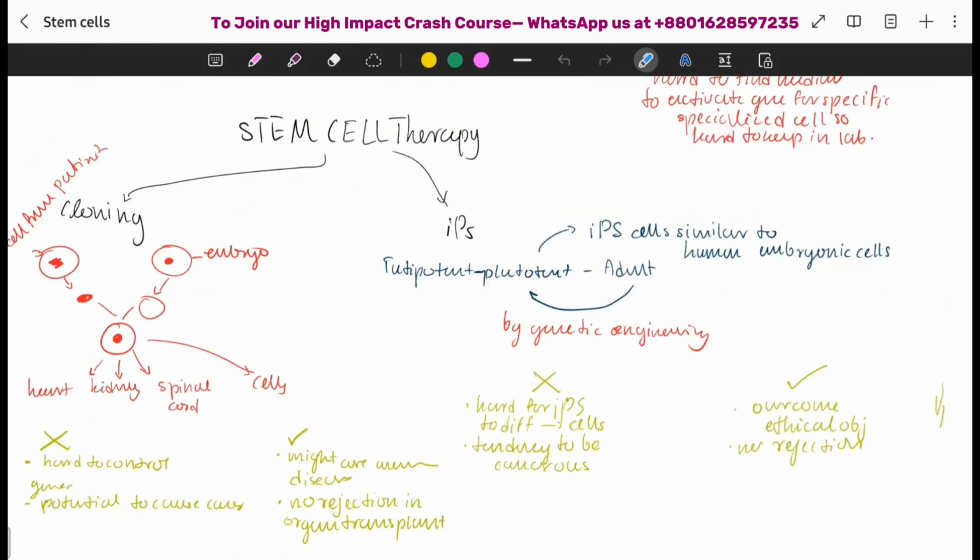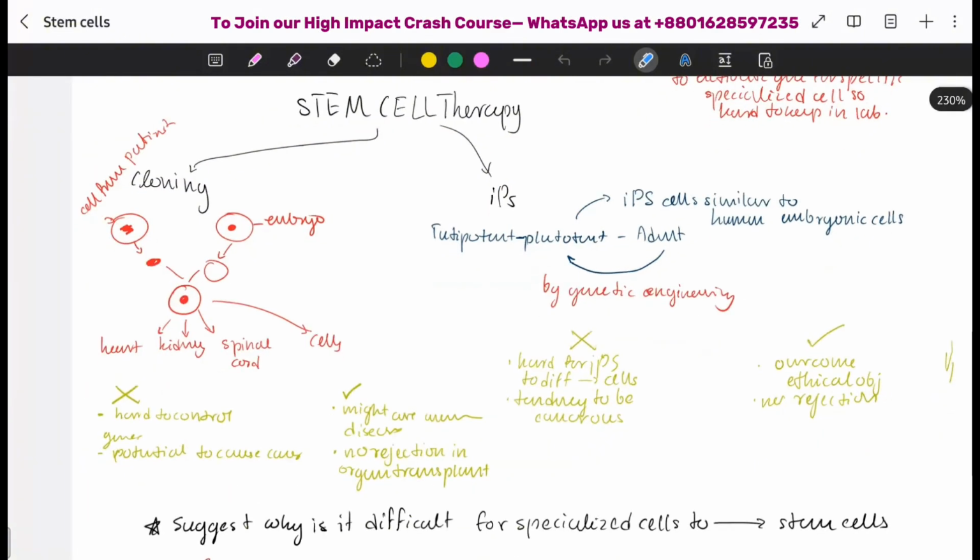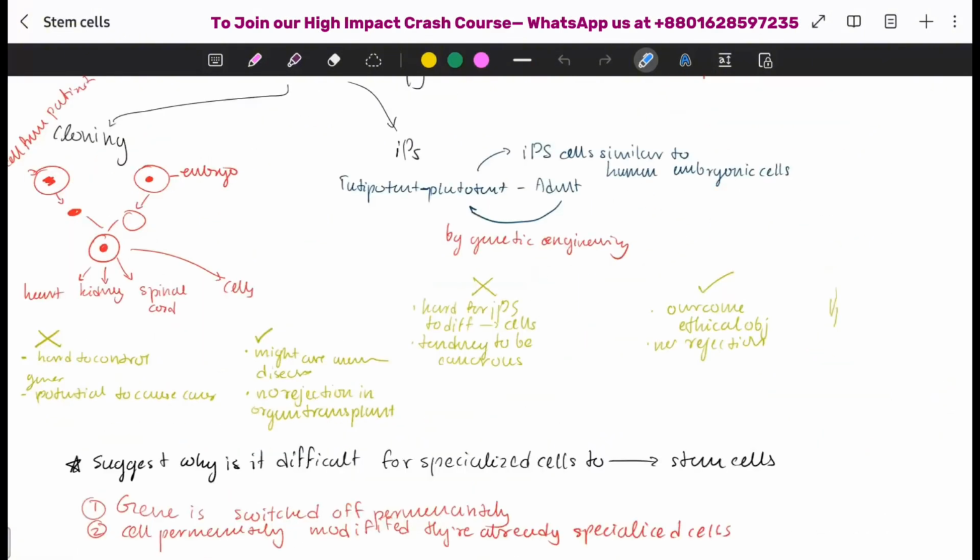And iPS cells are similar to human embryonic cells. And we get this by genetic engineering from adult to pluripotent. Hard to control gene, okay? So we know cloning can cause cancer. This is important. It can cause cancer and it is hard to control the gene.